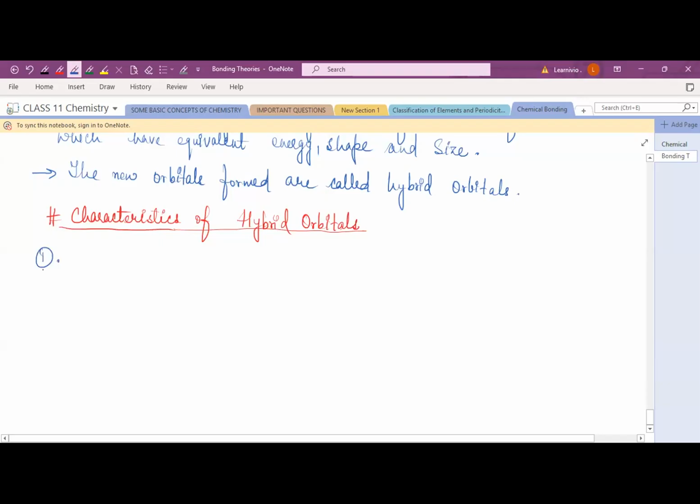The first characteristic is that the number of hybrid orbitals formed is always equal to the number of atomic orbitals taking part in the hybridization. Suppose in the hybridization, two atomic orbitals are taking part, say an s orbital and a p orbital.